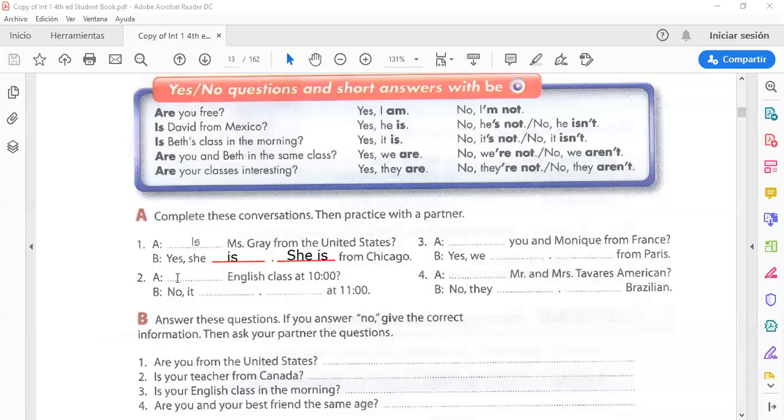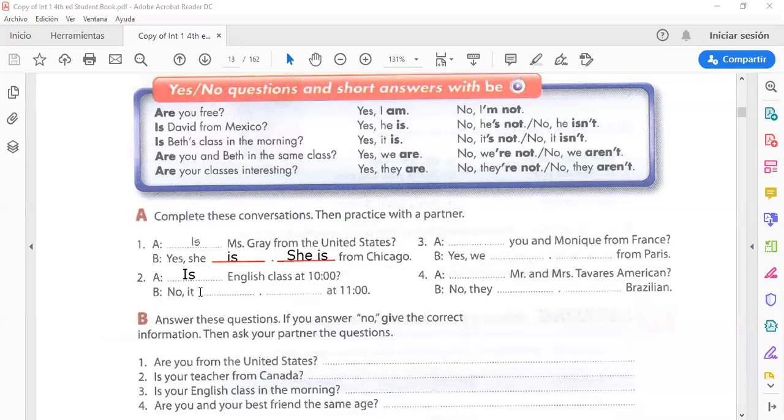Well, you can say, is it at 10? But here, is English class at 10? Or you can say, is it at 10? What is it? The English class. So, is English class at 10? No. It.